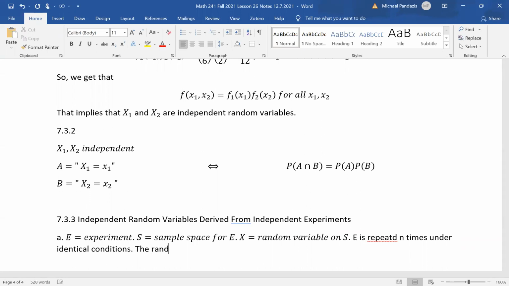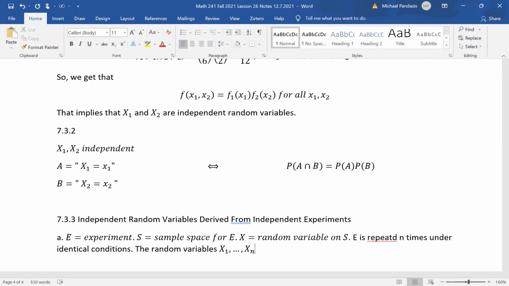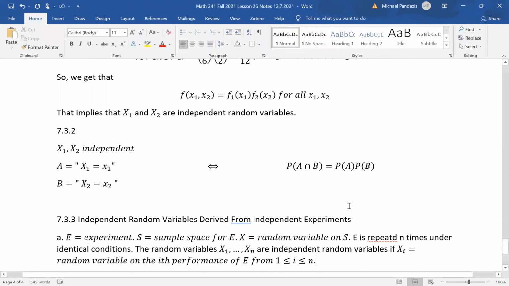The random variables X1 to Xn are independent random variables if X sub i is equal to the random variable on the ith performance of E, for 1 less than or equal to i less than or equal to n.